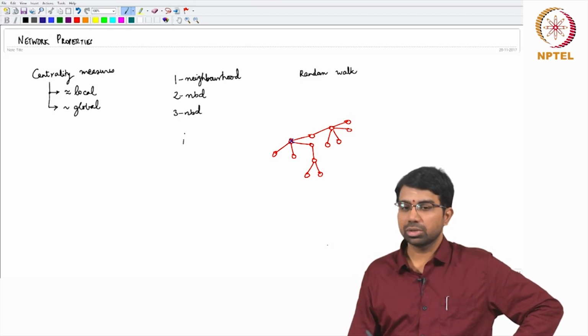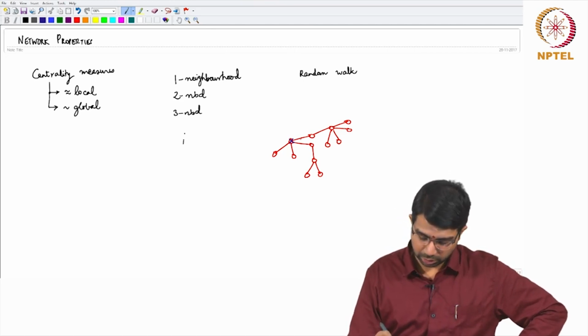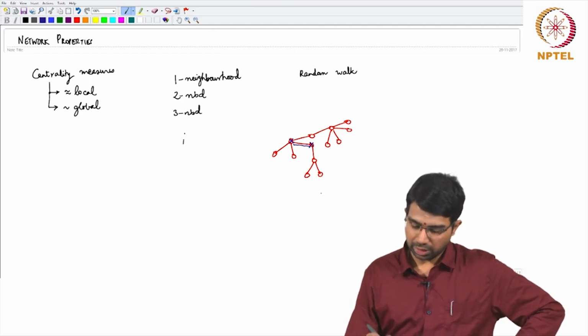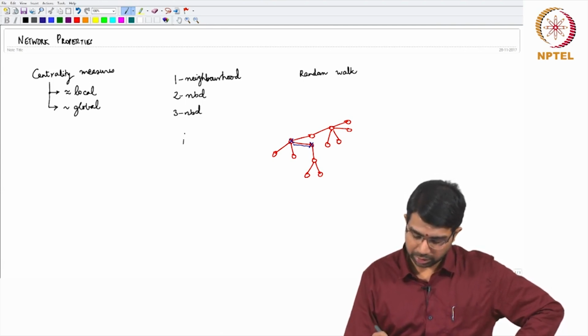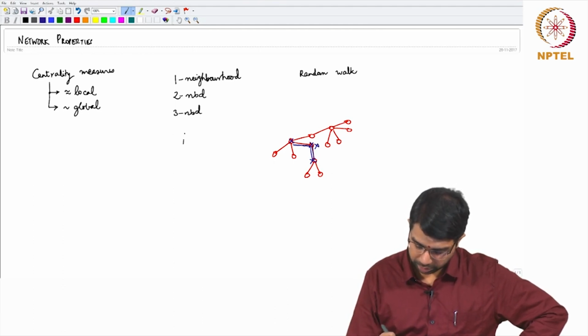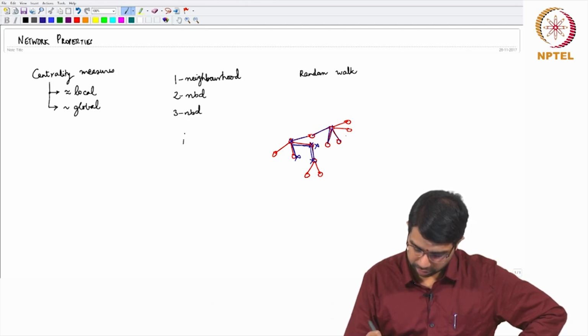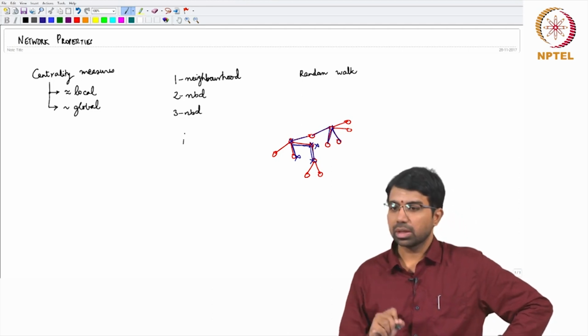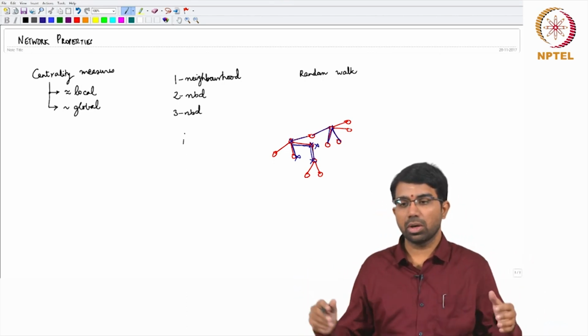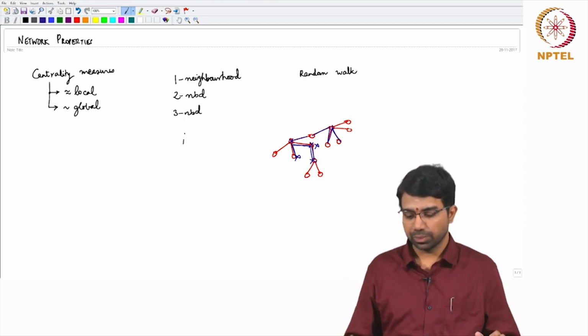You pick a random edge to walk through. So, let us say you take this edge, you walk through this edge, you now reach here. After this you can either go back or go here, and so on, right. You can basically just meander along the network, walk to different nodes on the network, right.